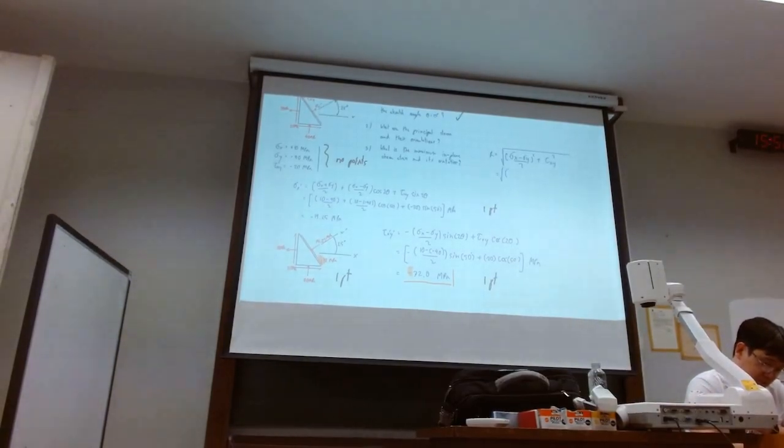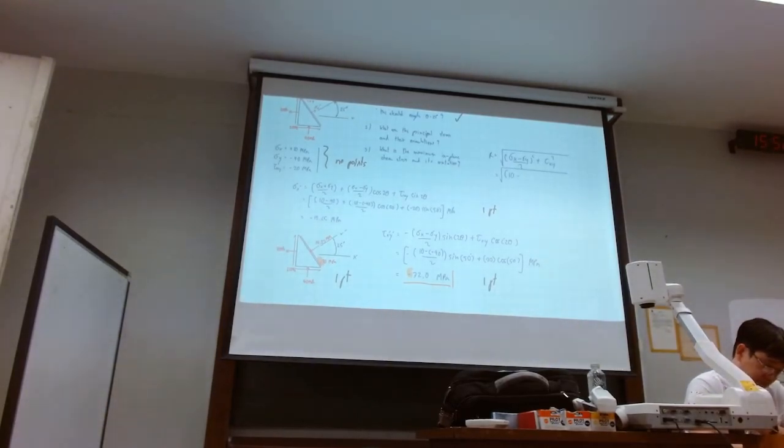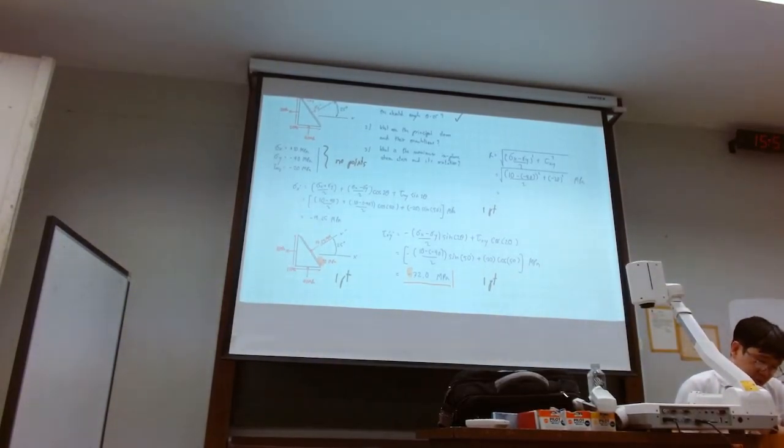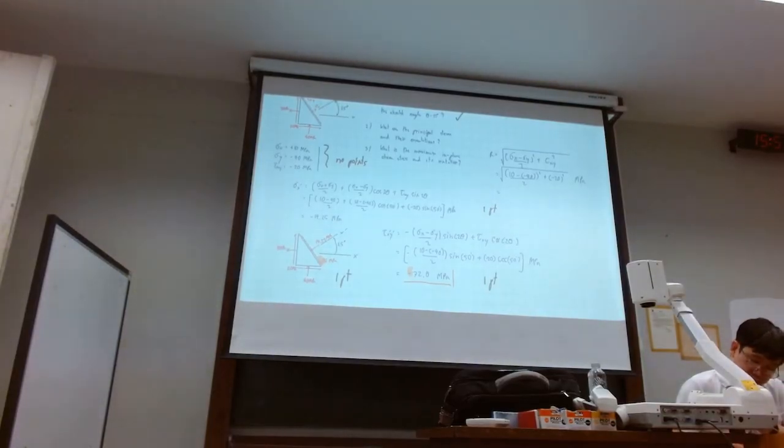So this would be 10 minus 40 over 2, squared, plus minus 20 squared. This is in MPa. So we have 50, so that's 25 squared plus 20 squared. This is 32.02 MPa. This is your R.